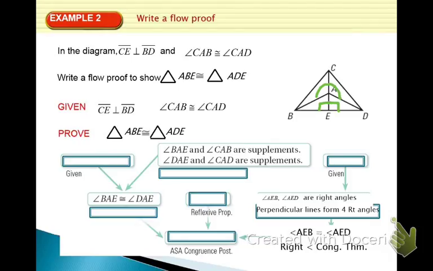We have a name for those pairs. What pair of angles are supplementary? Linear pair? Yes, those are a linear pair. So we can put linear pair as our reason for why we know those are supplements.